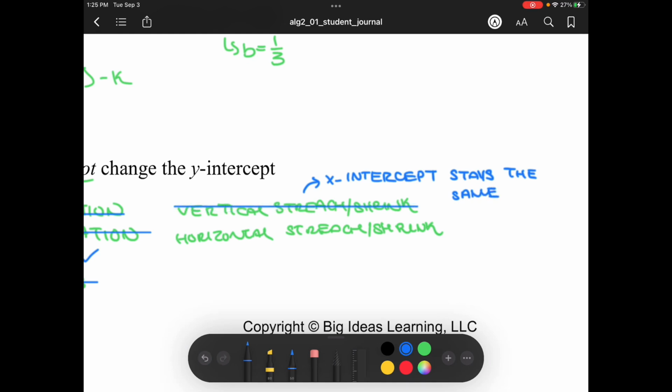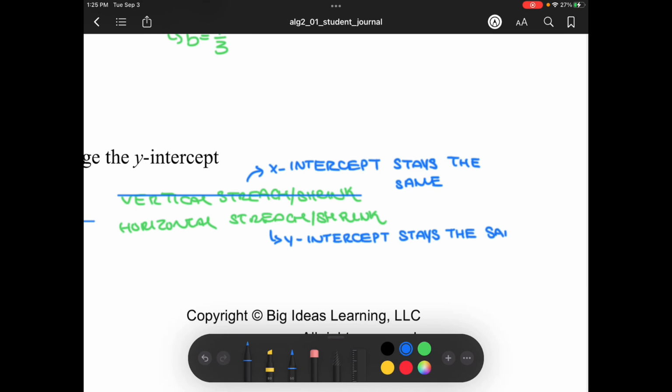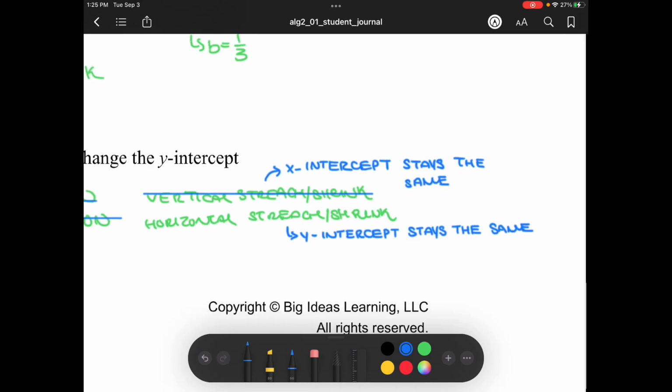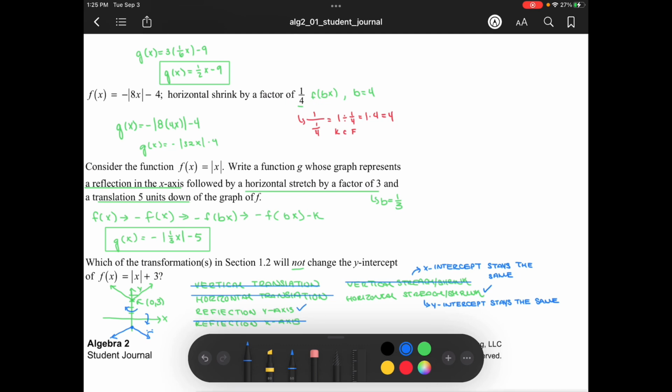But for a horizontal stretch or shrink, the y-intercept will always stay the same. Okay, so those are our two answers: the reflection in the y-axis or the horizontal stretch or shrink.